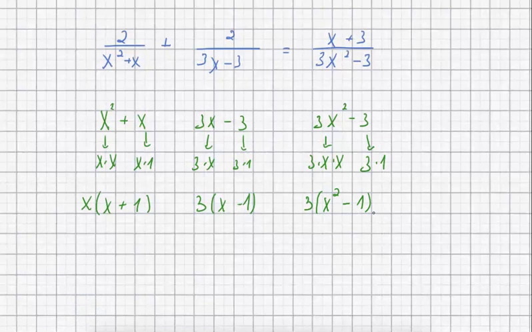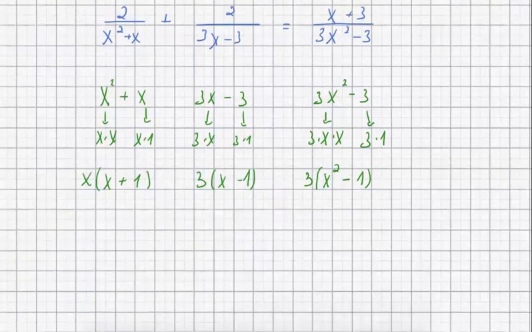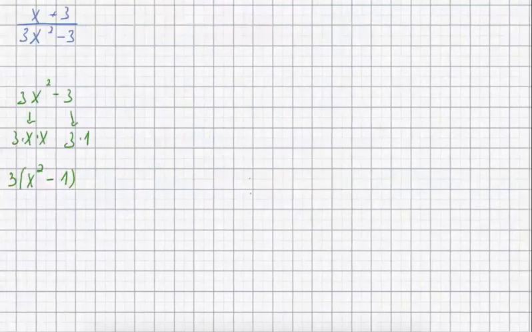Now, you're right. There is another set of parentheses because this parenthesis here, x squared minus 1, has two factors to it. And this is something you just need to be familiar with, this formula. We covered it last time, but let's make it clear. Whenever you have x squared minus 1, you can write it as two parentheses, x plus 1, x minus 1.